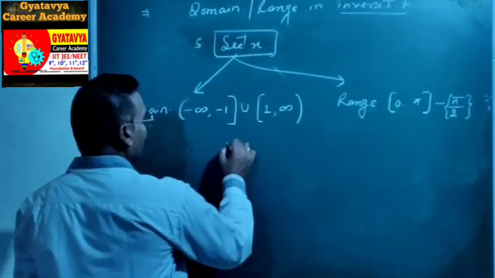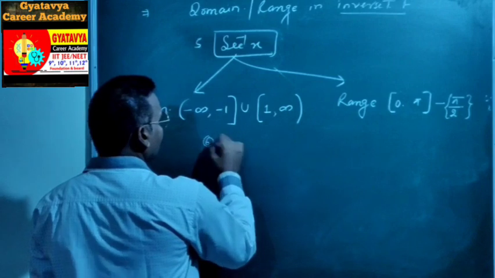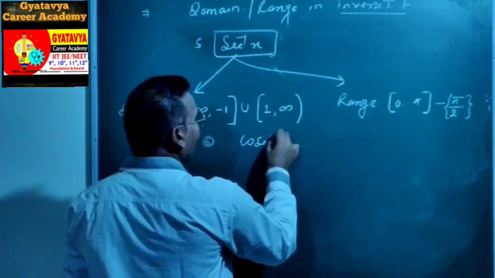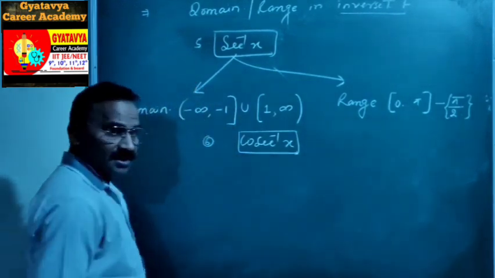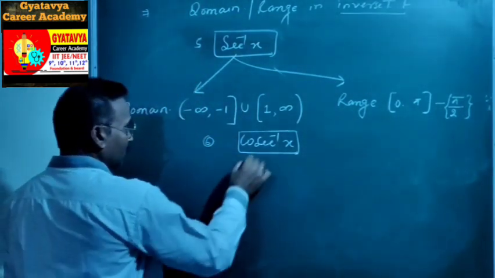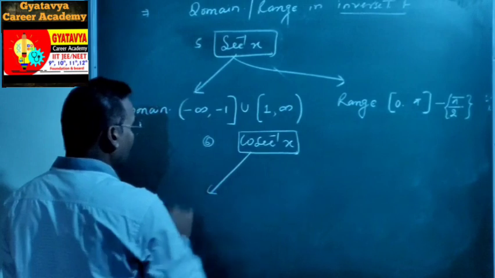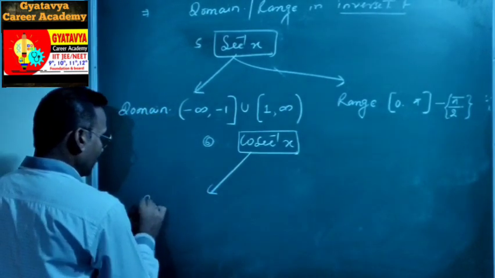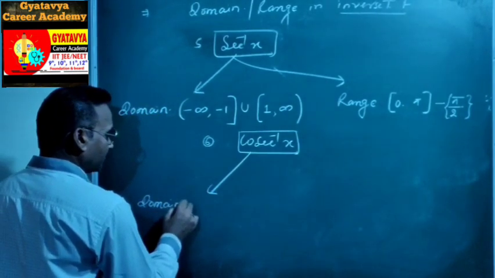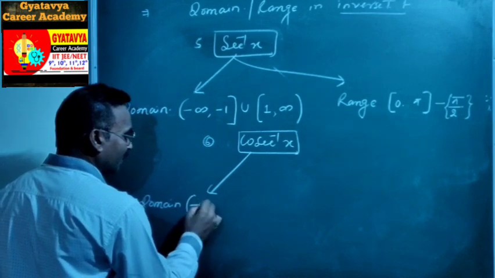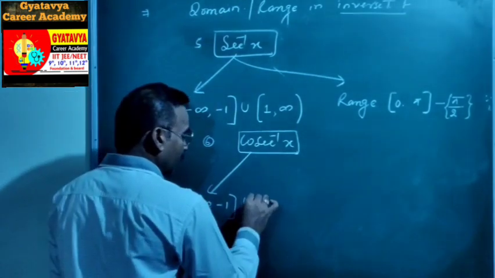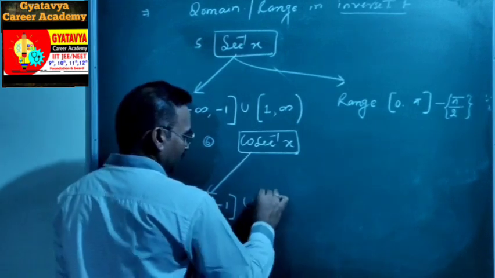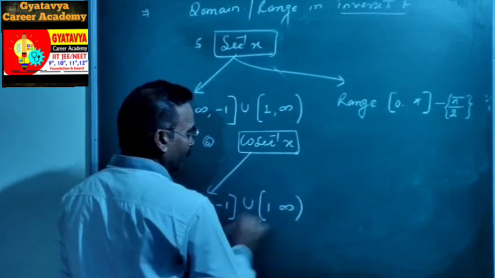Okay, now the last and sixth, cosec inverse x, and we know that cosec is the reciprocal of sin. Okay, so its domain is also the same as that of sec inverse x, -infinity to -1 in closed interval, union 1 to infinity in open interval.